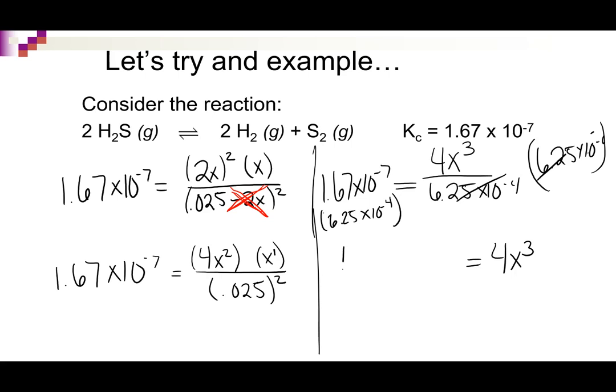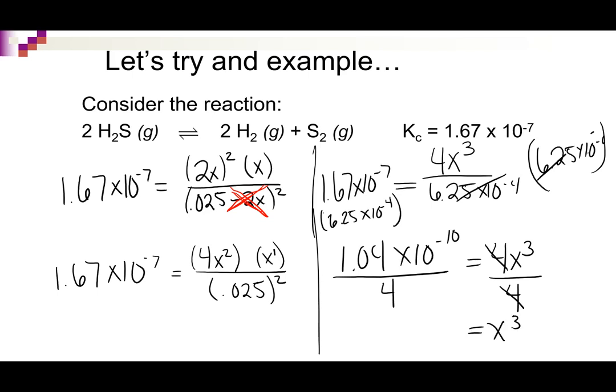And over here that is 1.04 times 10 to the negative 10th. I need to get my x by itself, so I'm going to divide by 4. Those cancel. So x cubed equals 1.04 times 10 to the negative 10 divided by 4, and we have 2.6 times 10 to the negative 11.